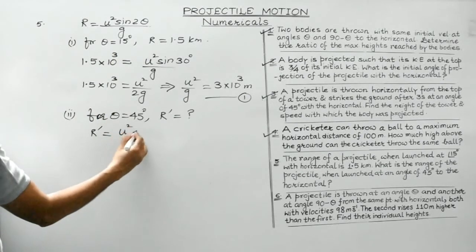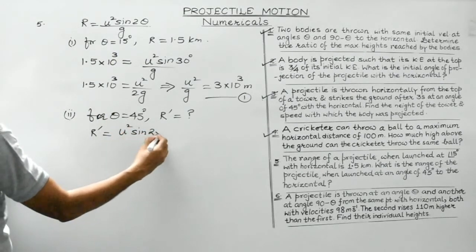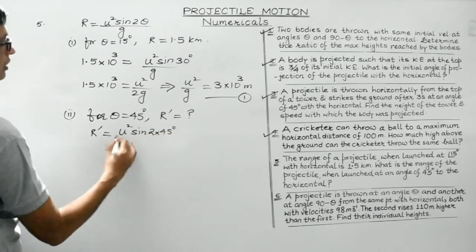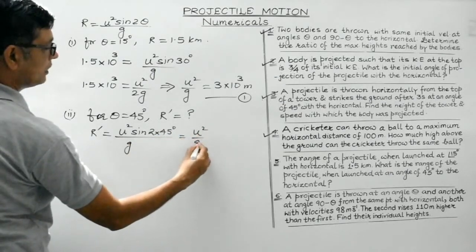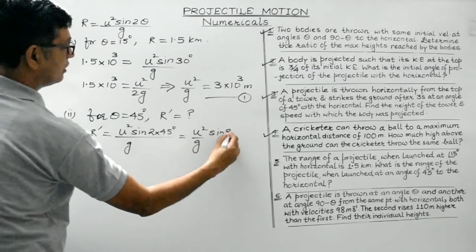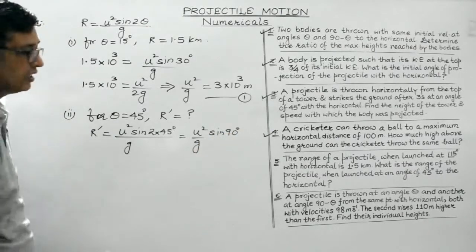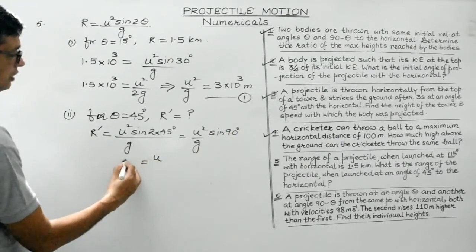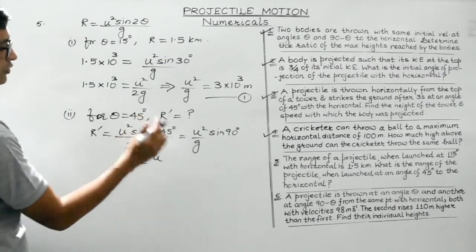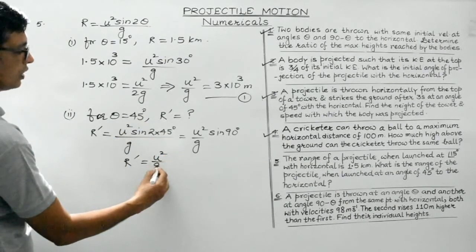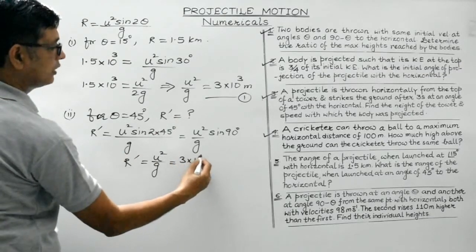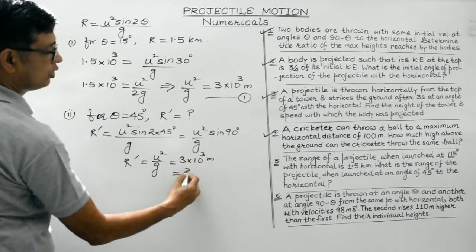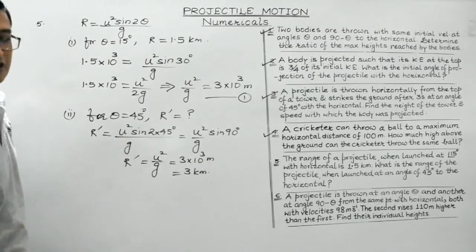U square sine 2 theta, 2 theta is 90 degree, divided by G. So what do you get? U square by G, and it is sine 90 degree. Sine 90 is 1. So new range when the angular projection is 45 degree would be U square by G, which is 3 into 10 raised to the 3 meter or 3 kilometer.